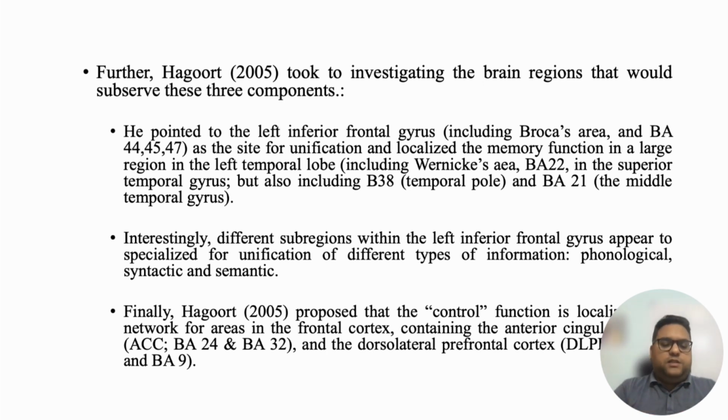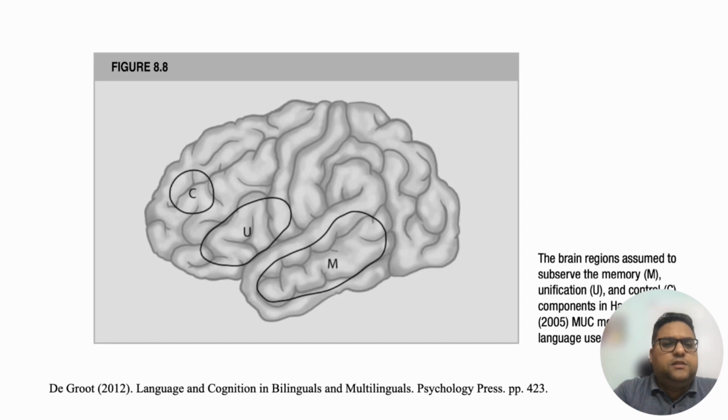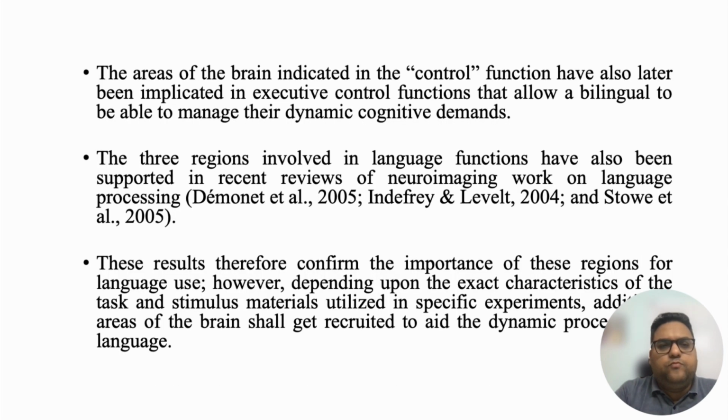So here you can see that the three areas can be roughly mapped onto regions in the brain. Here you can see the unification part, which is in Broca's area, the control part, which is in the frontal cortex, DLPFC and ACC, and the memory part, which is mainly in your temporal lobe. Now, the areas of the brain dedicated to the control function have also later been implicated in executive control functions that allow a bilingual to manage their dynamic communicative demands.